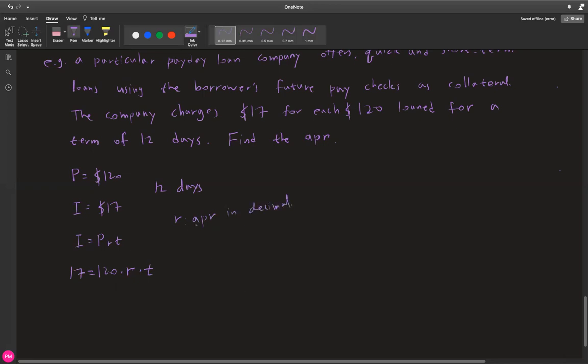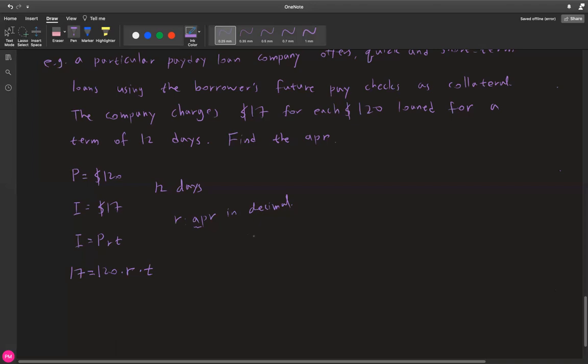We often abbreviate and just call it APR, but here A implies annual, so it's annual percentage rate. So in order to calculate straight like this, you actually have to convert the 12 days into years. So it has to be in the unit of years.